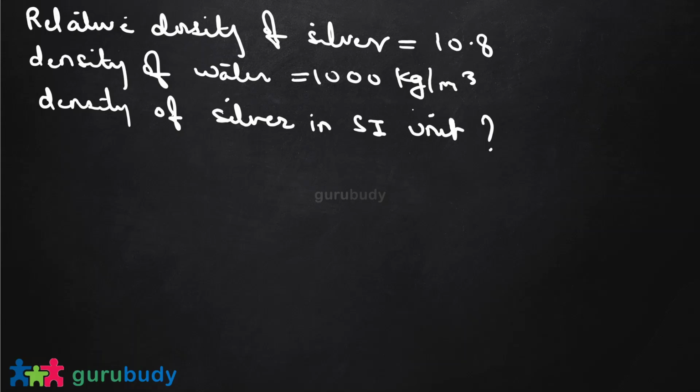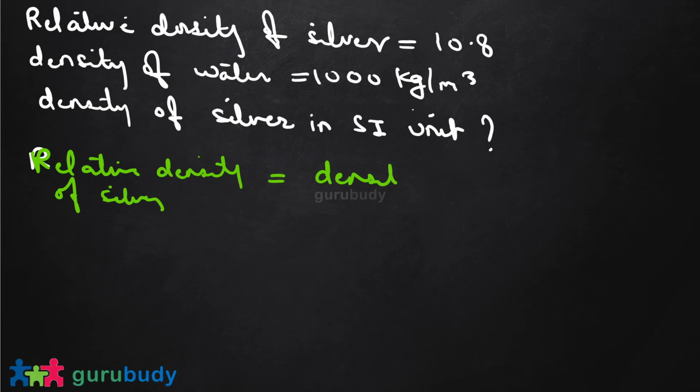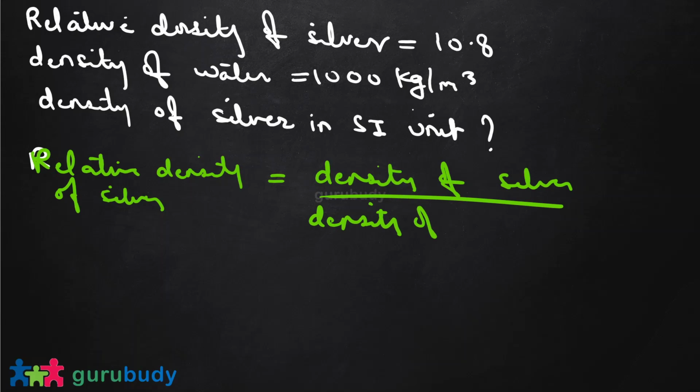So now we know that relative density, so I'm going to use a different color here for solving. Relative density of silver is equal to density of silver divided by density of water.